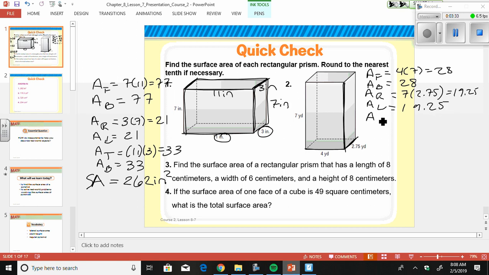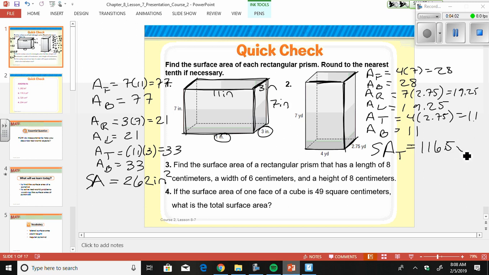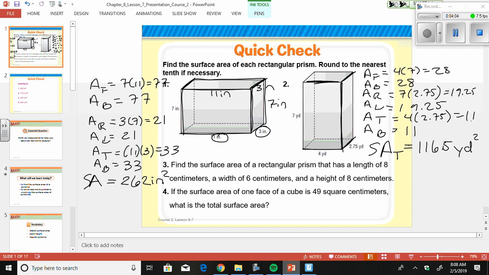Area of the top and bottom, so this is 4 by 2.75. That's 11. We add them up. So that's a total surface area of 116.5 square yards, because it's area, so it is square units.